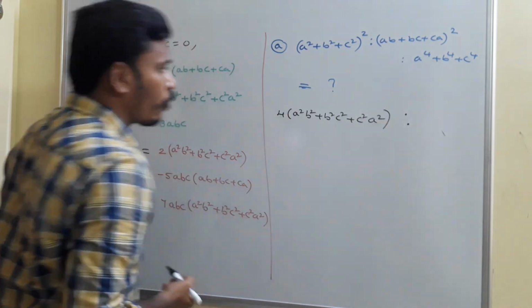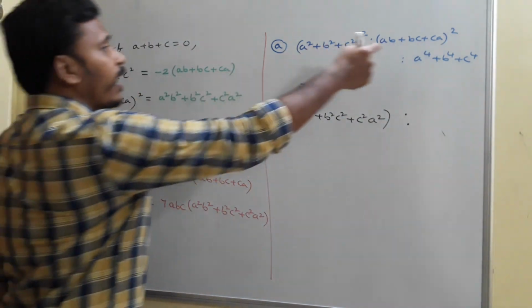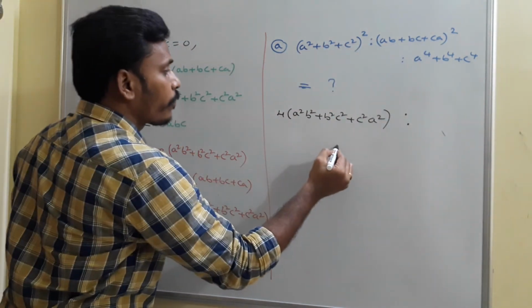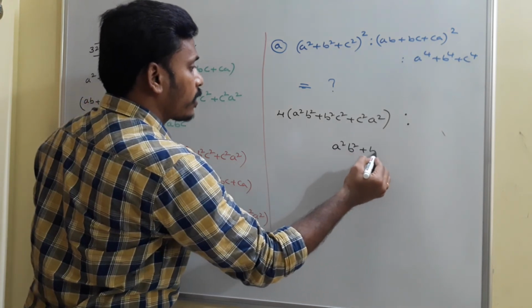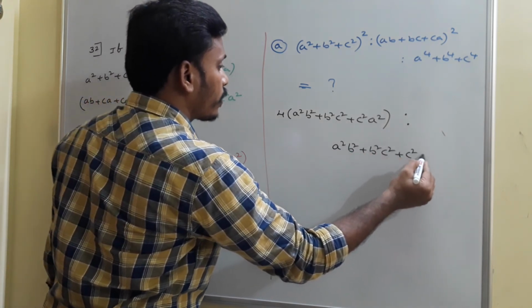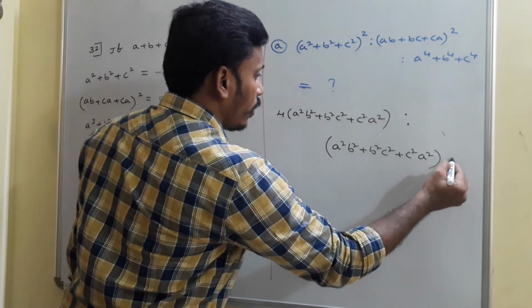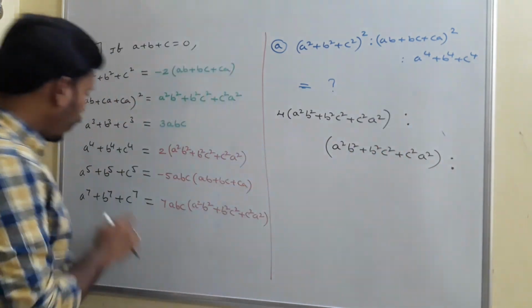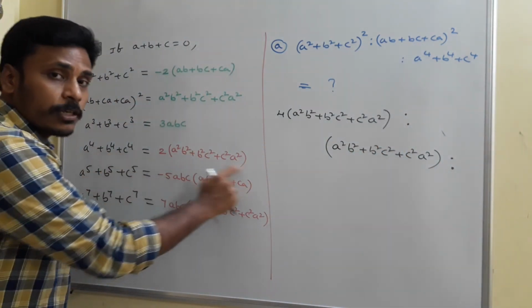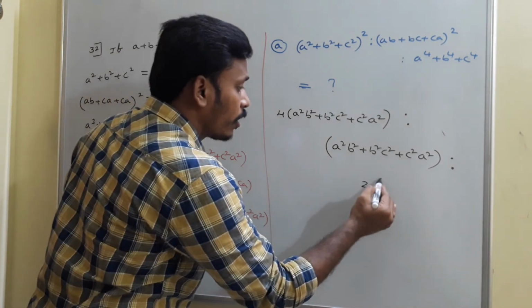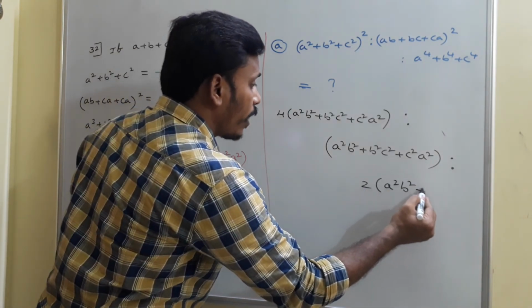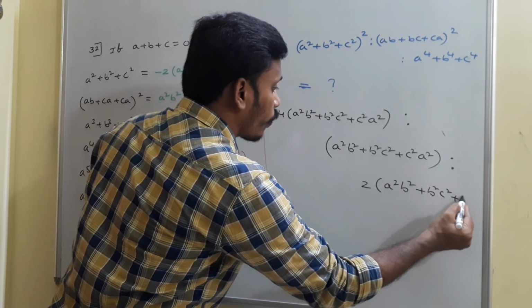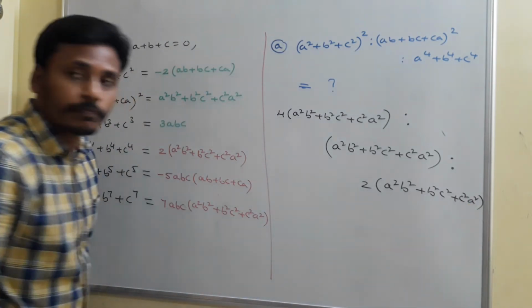As a ratio I am going to express: the second item is directly A square B square plus B square C square plus C square A square, and the third item, A power 4 plus B power 4 plus C power 4, is 2 times of A square B square plus B square C square plus C square A square.